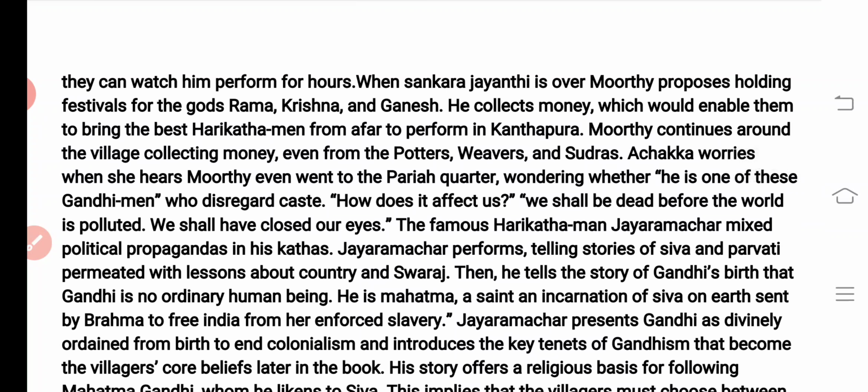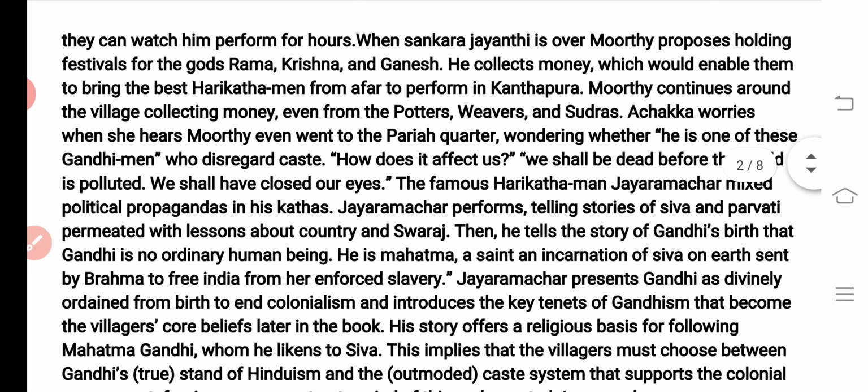As I told you earlier, it was a very staunch caste ridden village. So Murthy, who was a Brahmin, began to go to the doors of even the potters, weavers and Shudras. Achakka, the storyteller, the narrator, worries when she hears Murthy even went to the Pariya quarter.